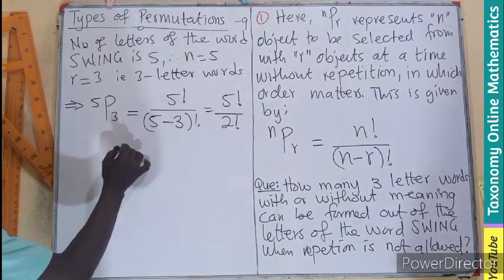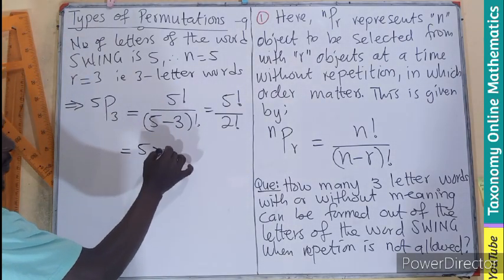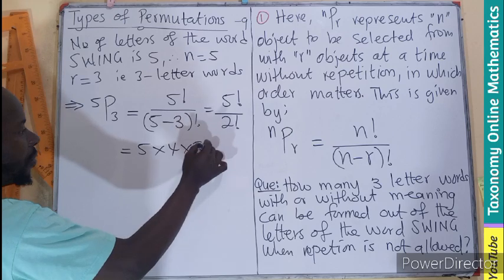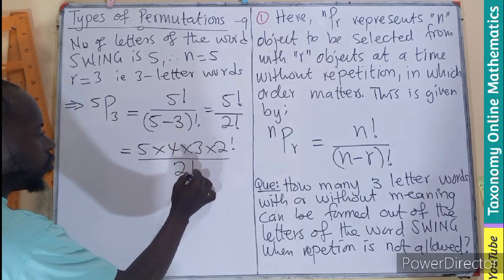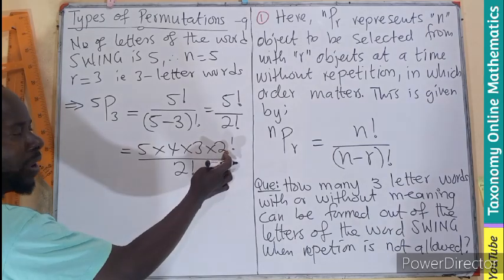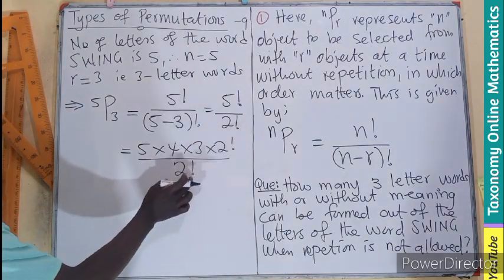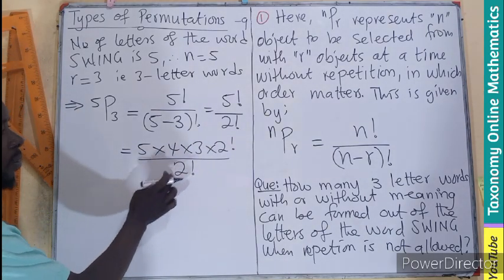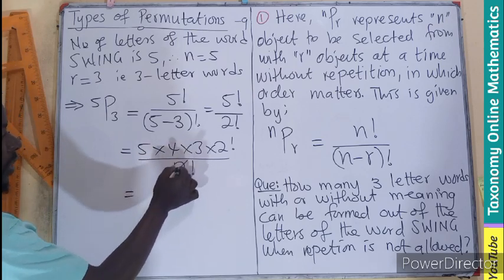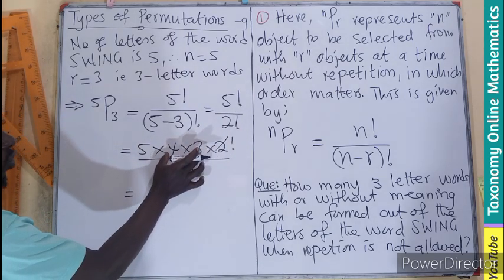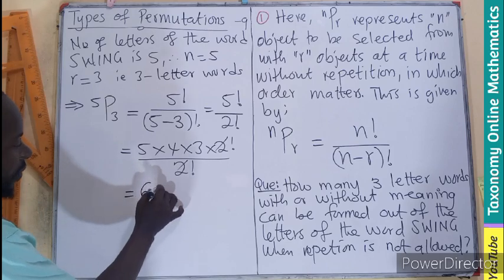Remember what a factorial expansion is: 5 times 4 times 3 times 2 factorial divided by 2 factorial. I ended on 2 factorial because I have 2 factorial to cancel with. So this will cancel. So I should be left with 5 times 4 times 3, which gives you 60.